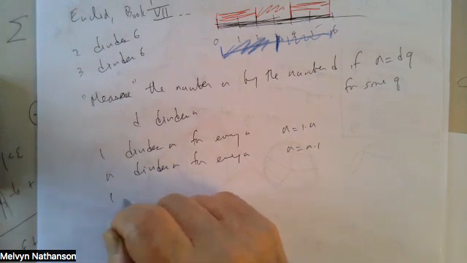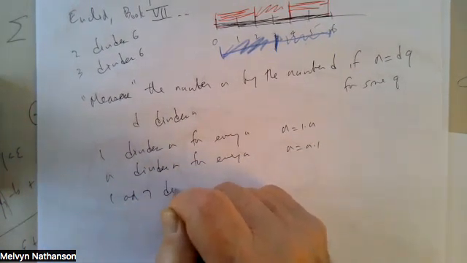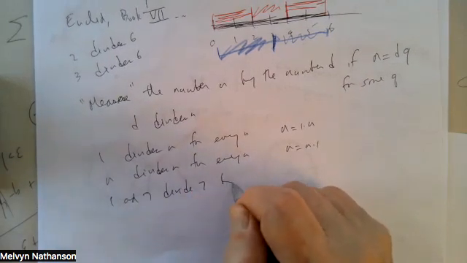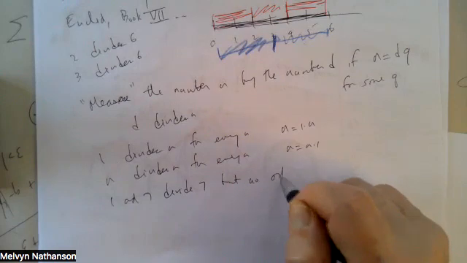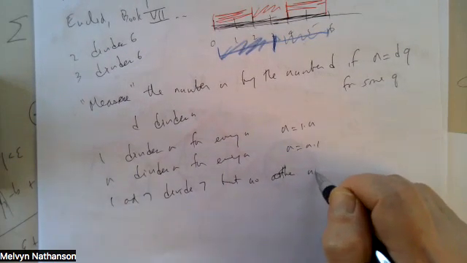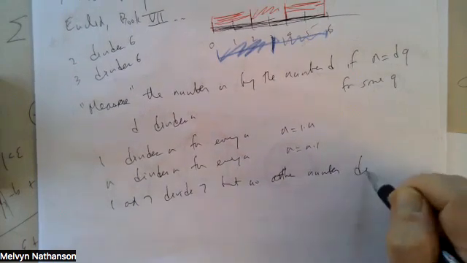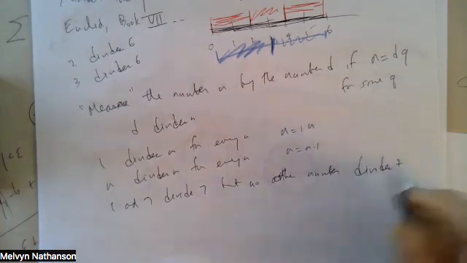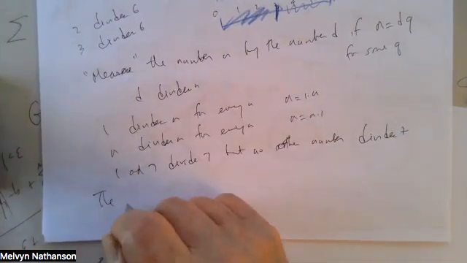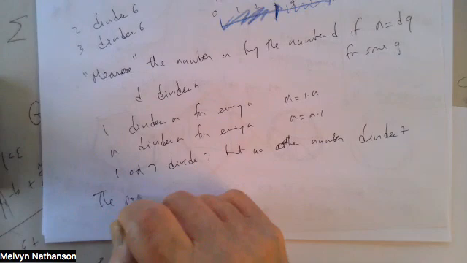So 1 and 7 divide the number 7, but no other number, no other positive integer, divides 7.